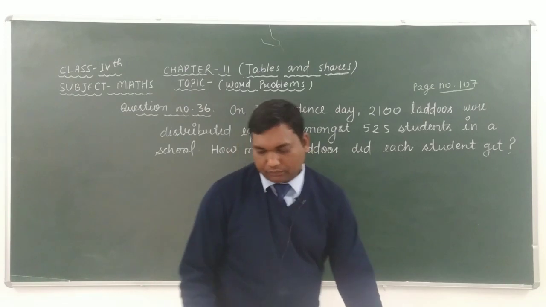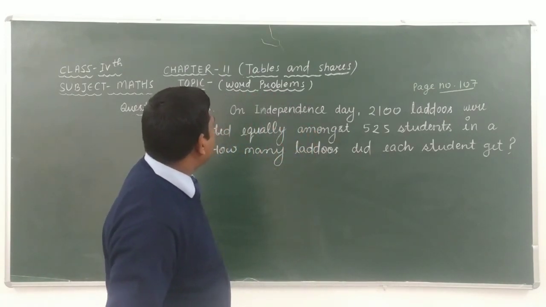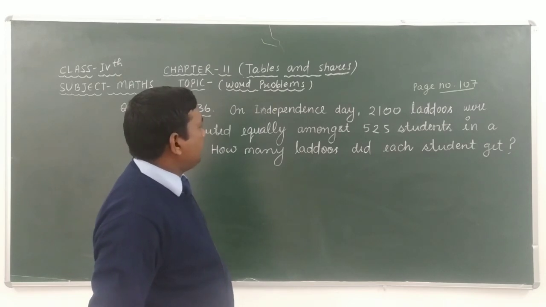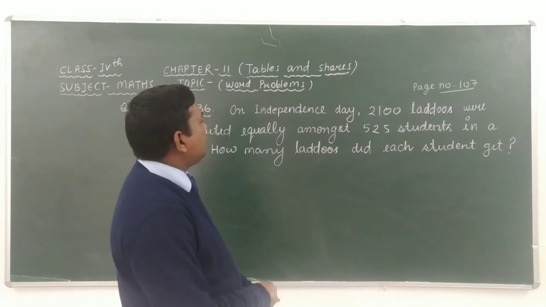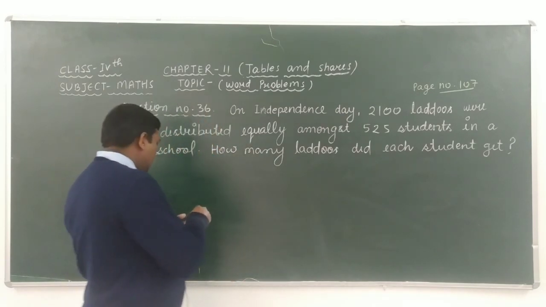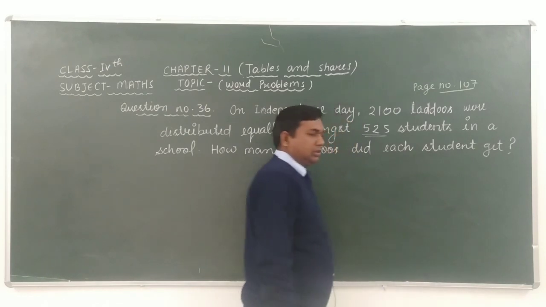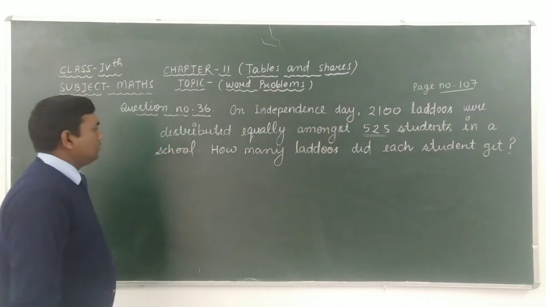Okay, students, look here carefully. In this question it is given that on Independence Day 2100 laddus were distributed equally among 525 students in a school.